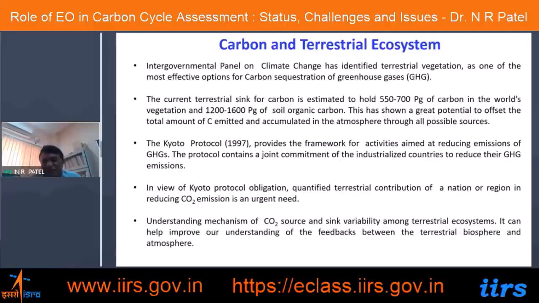So if we have this knowledge, it can help to better design strategy to encourage particular ecosystem carbon sequestration mechanisms, and to have a better understanding of the terrestrial biosphere and atmospheric interaction.